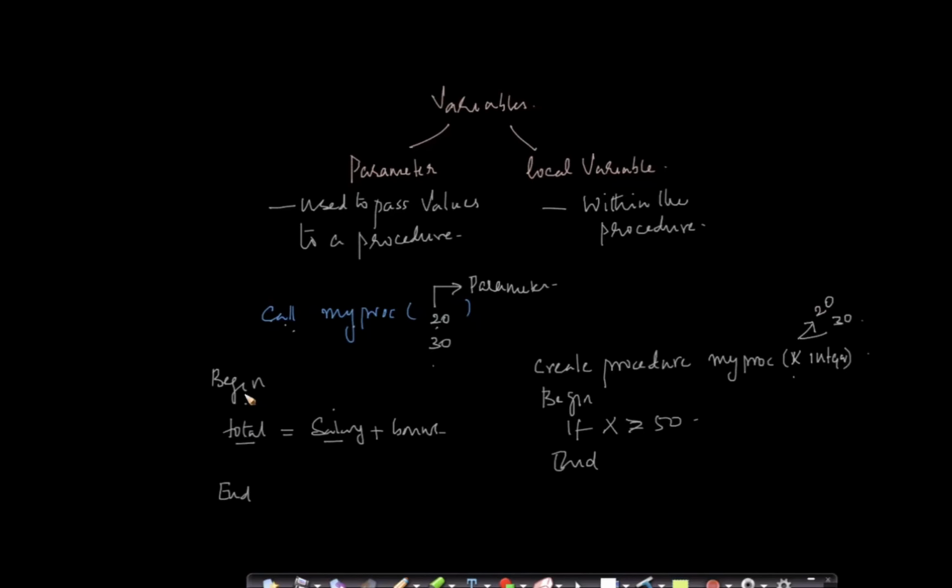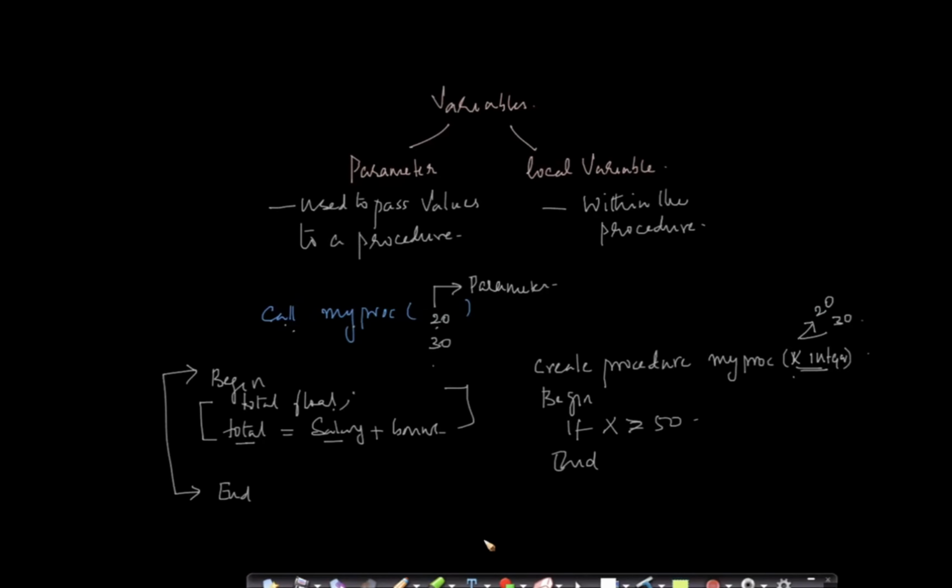So how do you declare? You will say total is of type floating point. And then you can use the variable total within the procedure. So this is not given here. Only a parameter is passed here. So this is what we mean by a local variable.